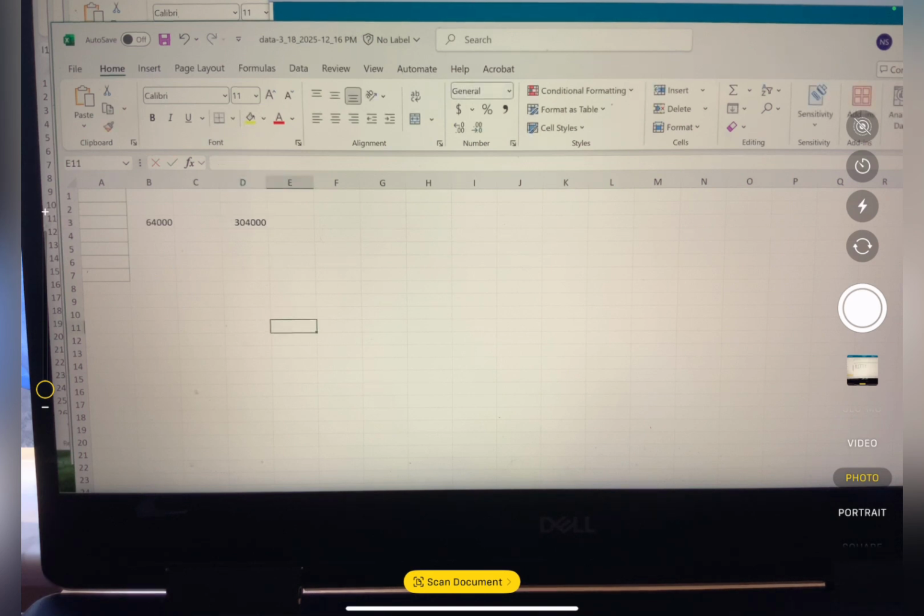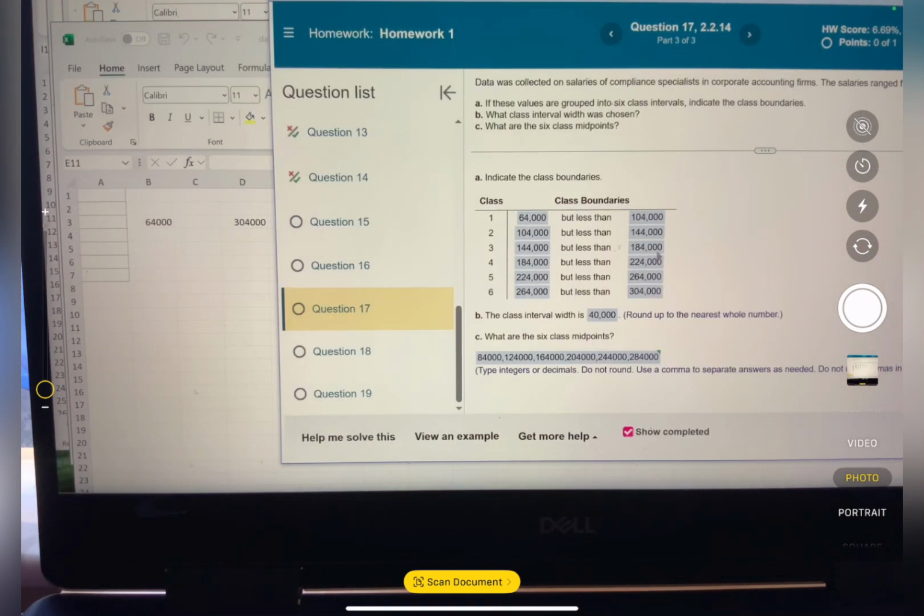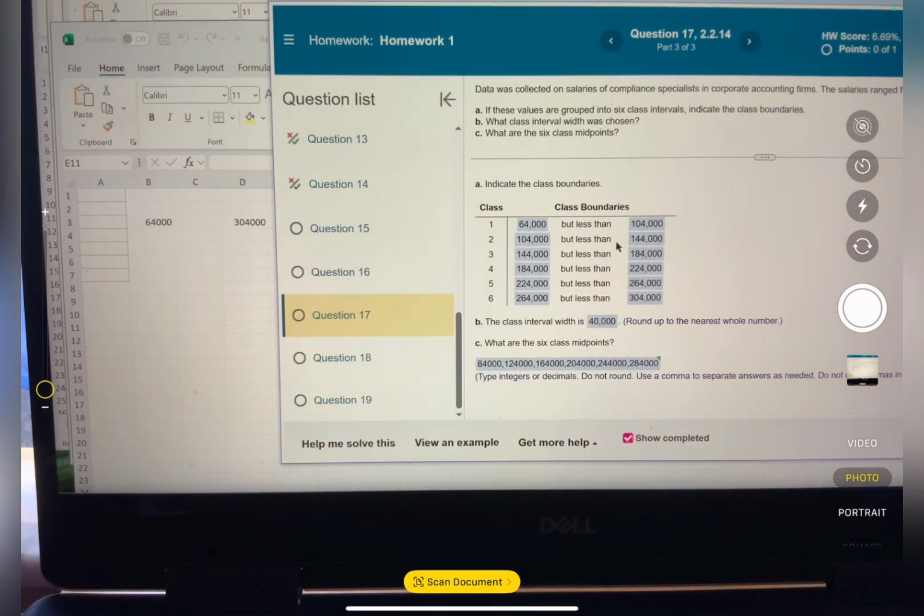Okay, let's see what we have to do. So indicate the class boundaries. All right, so to find the class boundaries, what do we need to do first? First, we need to find the range. Okay, question A. Let me go step by step.